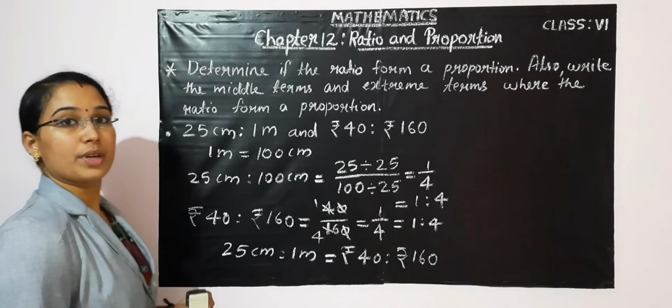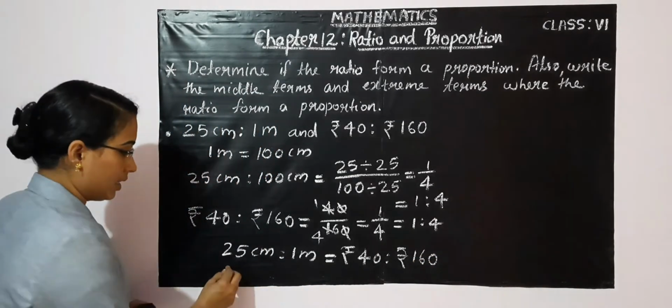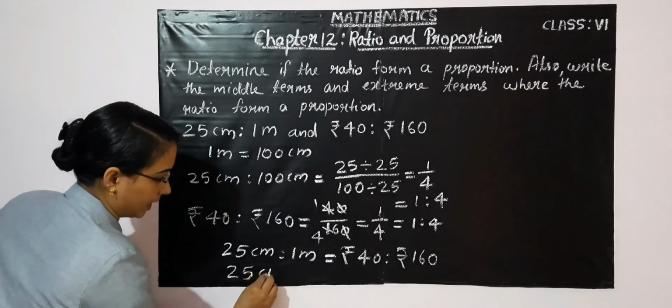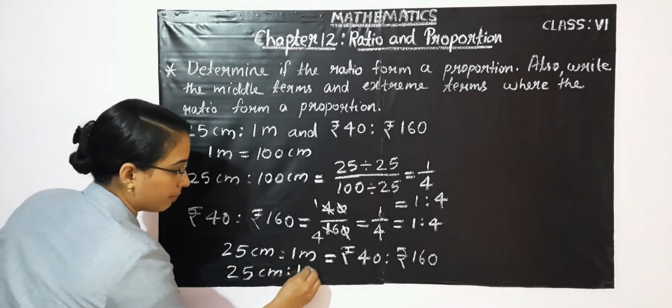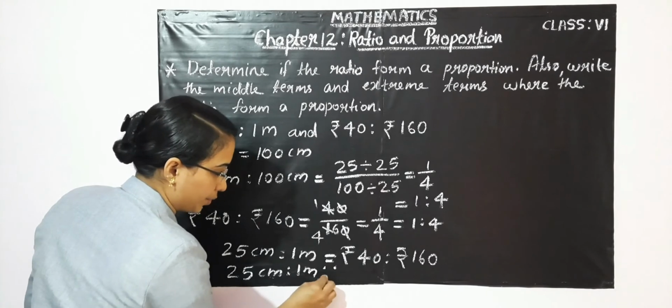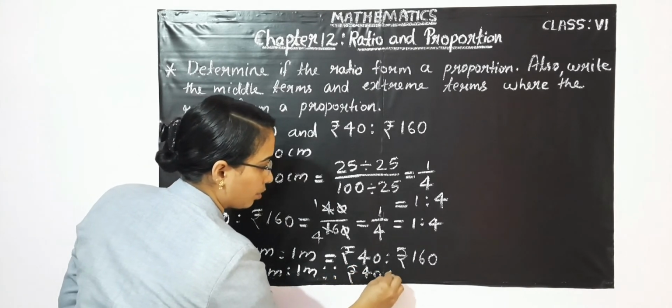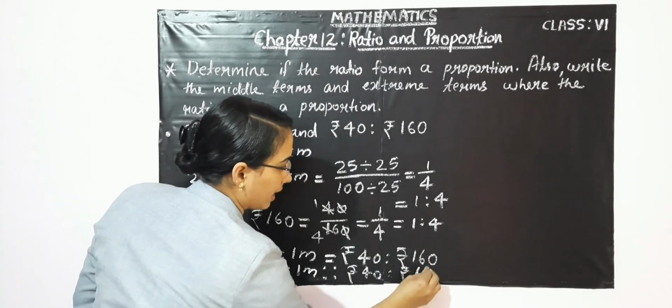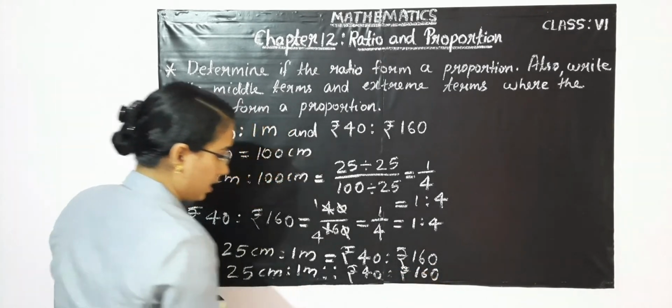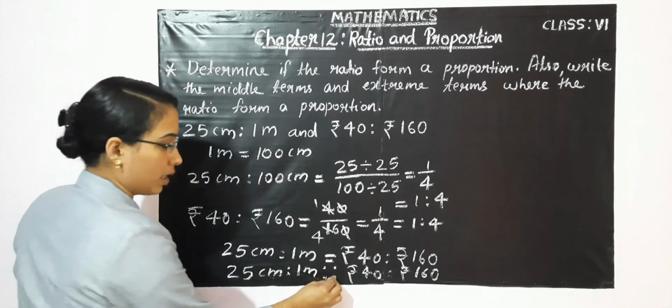Then these two ratios are in proportion. So 25 centimeter is to 1 meter is proportional to rupees 40 is to rupees 160. Okay. So both two ratios are in proportion.